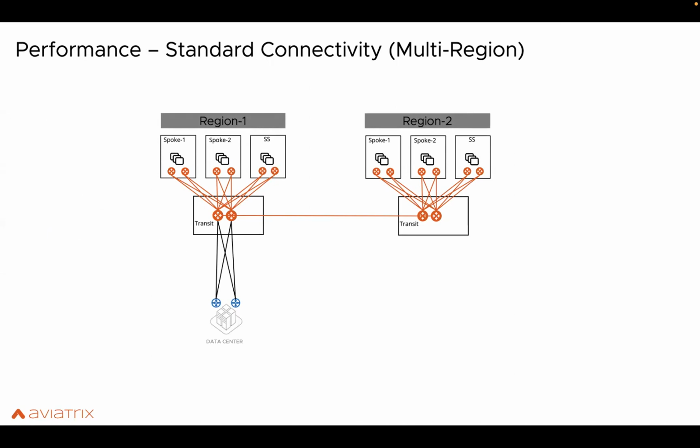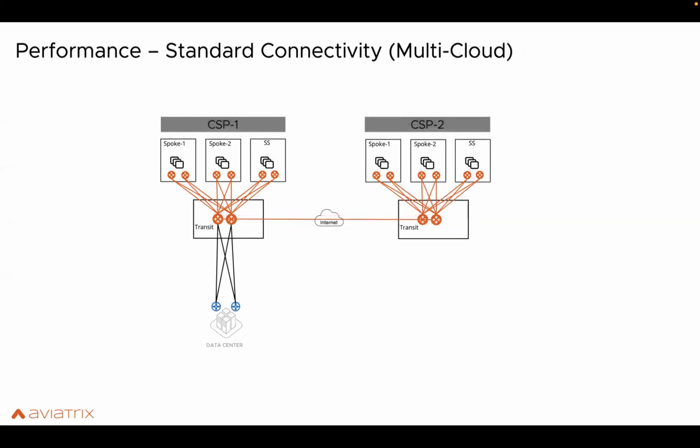If you are working on a design which is spread across multiple regions, here in this picture, region 1 and region 2, and your business and technical requirement does not require you to have high performance encryption, then you can come up with a design like the one I am showing you on the screen. What about if you have a multi-cloud environment? Exactly the same, right?